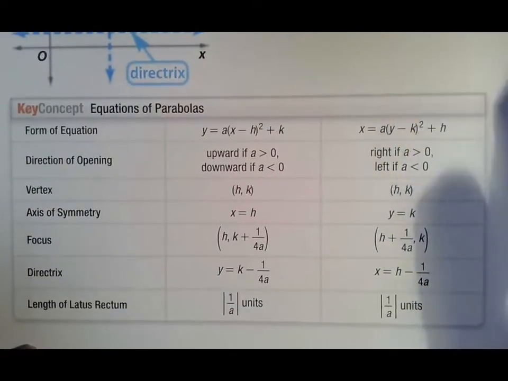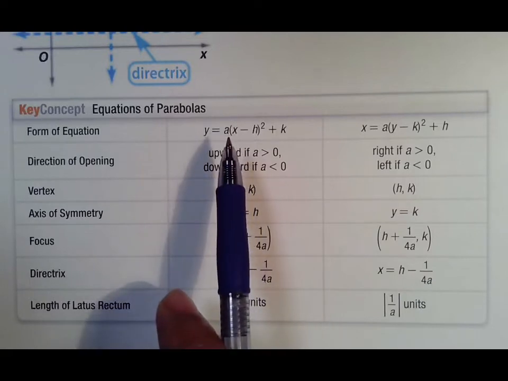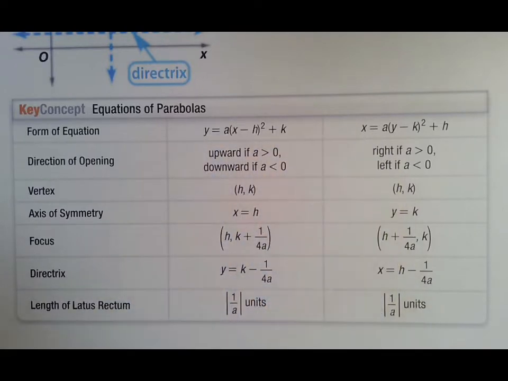If you were to go into your book for chapter 9.3, you'd see all this stuff: the form of the equation, the direction of the opening, the vertex, the axis of symmetry, the focus, directrix, length of latus rectum, which I have no clue what that is, but a lot of stuff that you get into later on. Pretty much everything is the weird things we don't know are based off of a, which, as you know or should know, is the number in front of the parentheses.